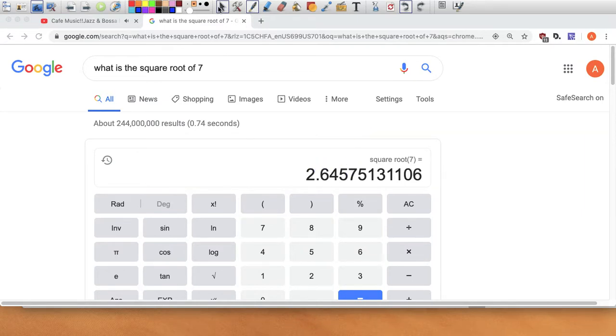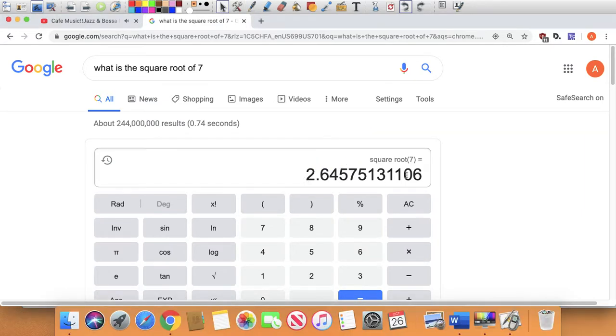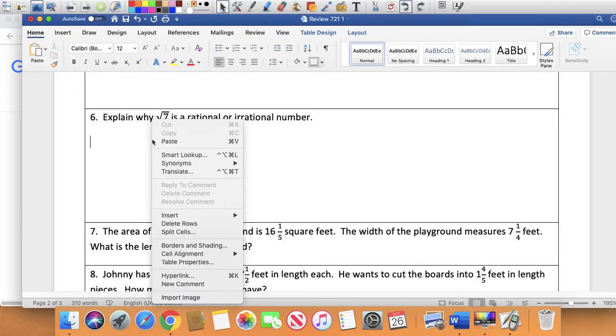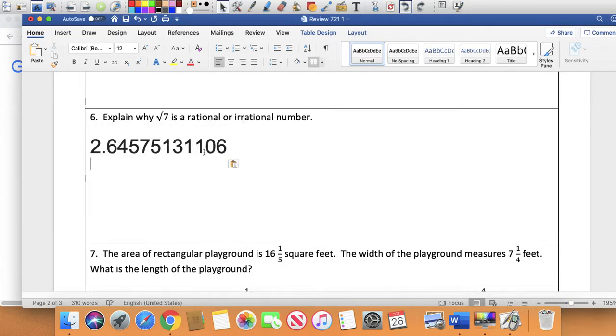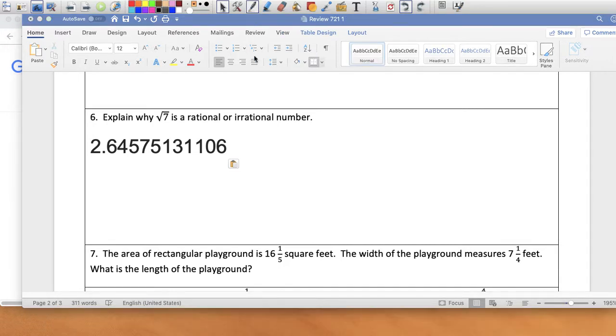So can I copy this? Yes. There you go. And again, it goes on and on and on, right? So if you actually were to multiply that number, I actually don't know.